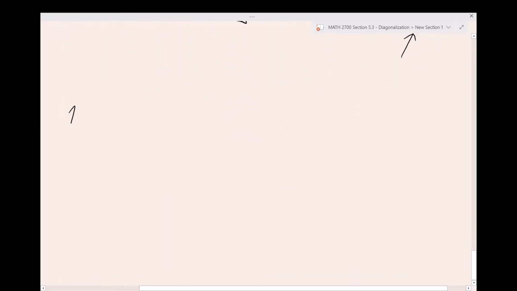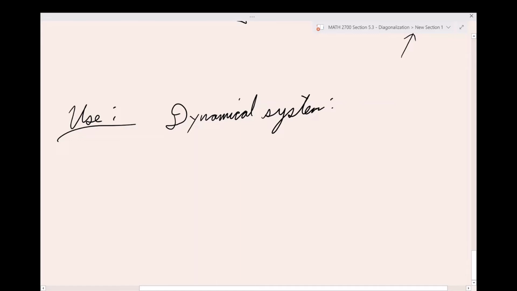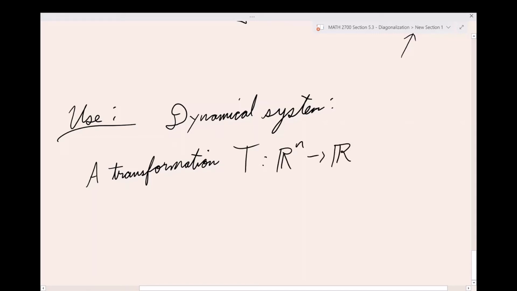Okay, so what's the use of that? And this is what we would maybe call a dynamical system. So we have a transformation, let's say that takes me from whatever dimensions back onto whatever dimensions.